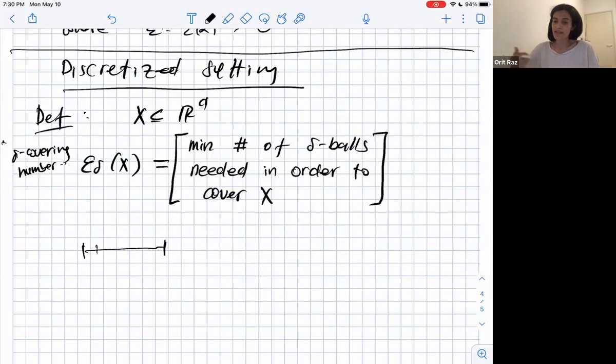We know that its delta covering number is something, so it will be delta to the minus alpha. What does it mean? We should think of delta as 1 over n. So delta goes to 0, and it's 1 over n. So here it's n to the alpha. Intervals of size delta, so we have some intervals of length delta.